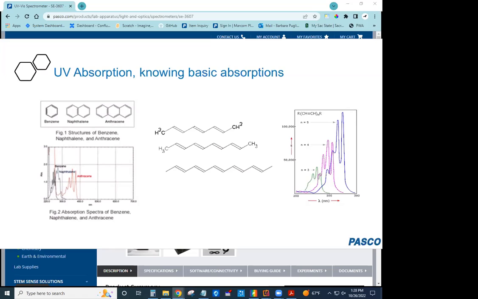You'll see as you get more and more in the image there, if you have 6 or 7 double bonds that are every other one, the spectra absorbs at higher and higher levels. And that can help students to understand what the molecule is made of.